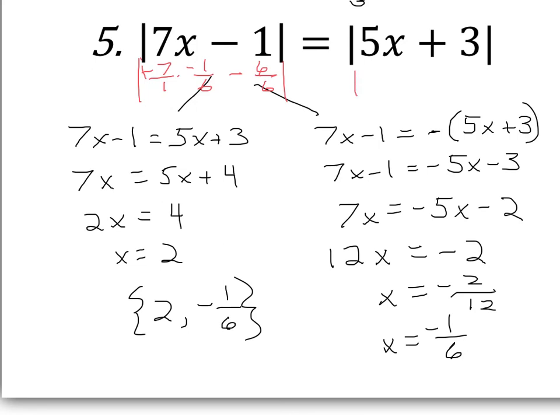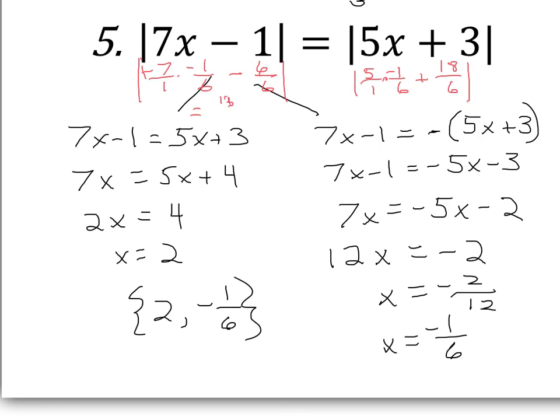Over here we have 5 over 1 times -1 over 6 plus, instead of 3, we're going to make that 18 over 6. And when we simplify that, this here becomes -7/6 minus 6/6, which is going to give us -13/6. And the absolute value of that will be +13/6.